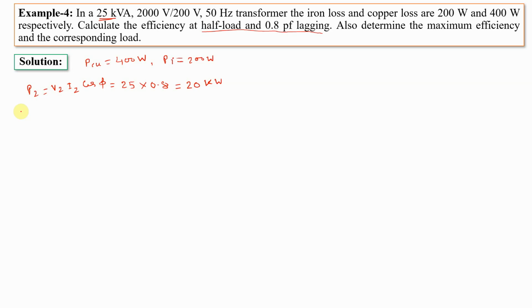Now we know that the formula of the efficiency is X P2 upon X P2 plus Pi plus X square PCU, into 100%.